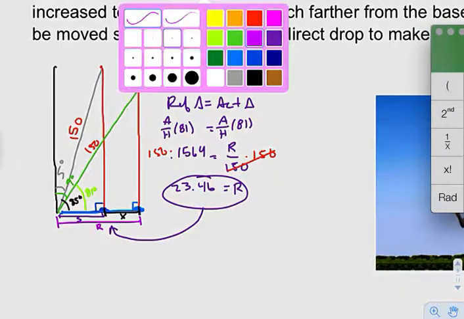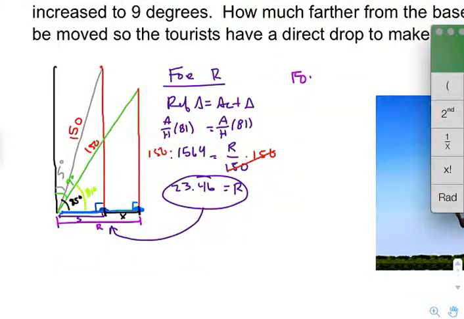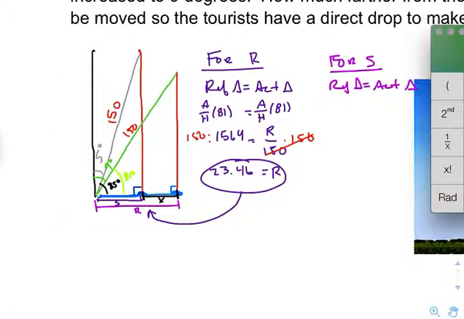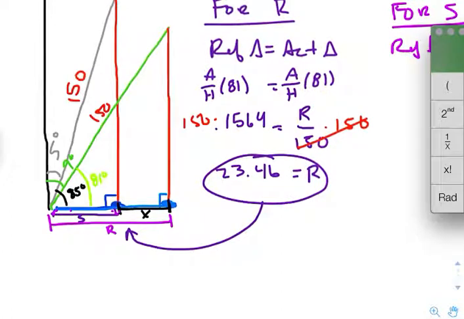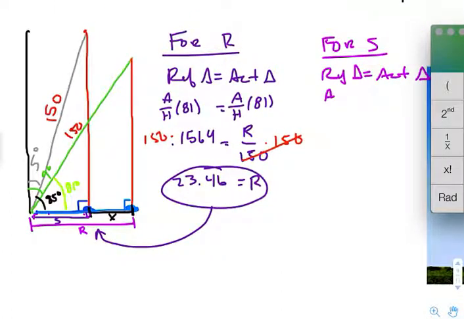Now, of course, we have to find the other one as well. So let's find S. You're going to see a very similar setup. So reference triangle equals actual triangle. I'm also going to need the same two pieces because S, if you're looking at S here, is going to be the small base for the 85-degree triangle. So I'm again using adjacent over hypotenuse, but this time for an 85.